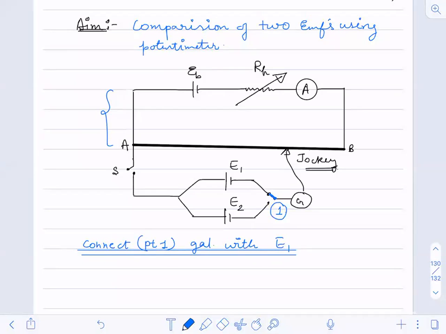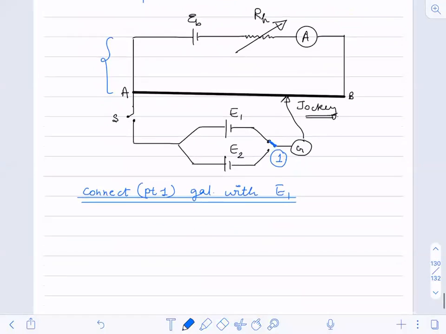Now when you have connected it, just go for the null deflection. The null point corresponding to E1 you will get.